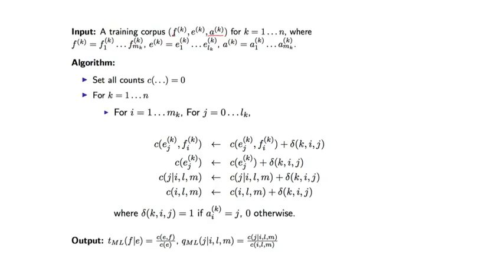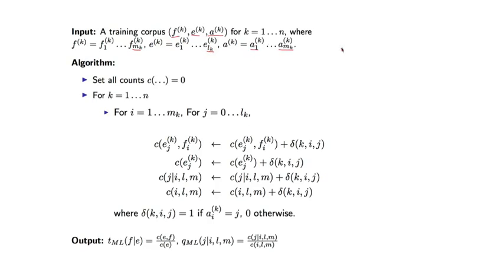So each training example consists of an F, E, A triple. So F_k is a sentence in French, and I'm going to assume m_k is the length of the French sentence. E_k is an English sentence. I'll assume l_k is the length of that sentence. And then finally we have alignment variables a_1 through a_{m_k}.